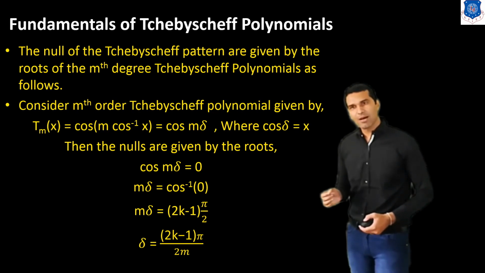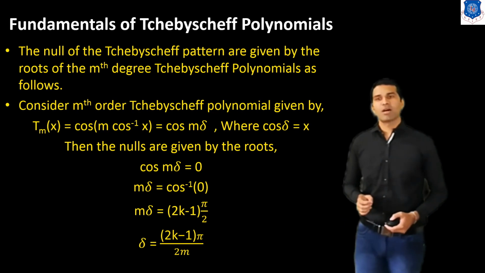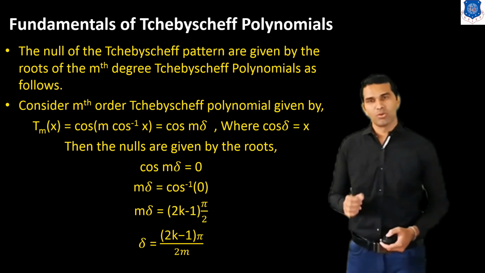So delta becomes (2k minus 1) pi upon 2m.